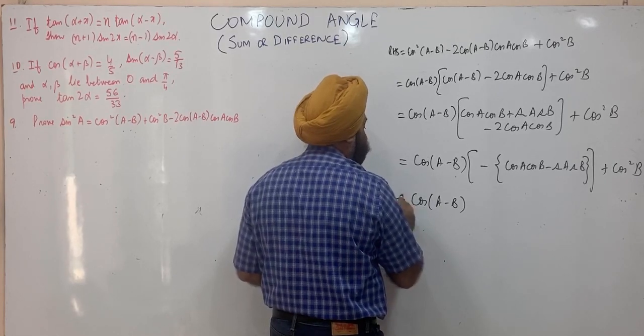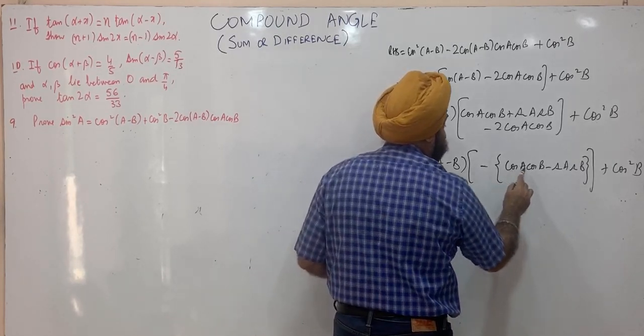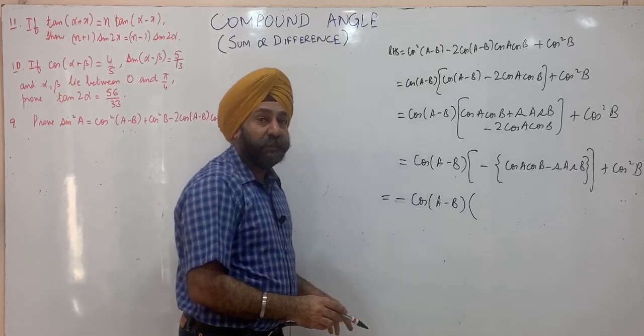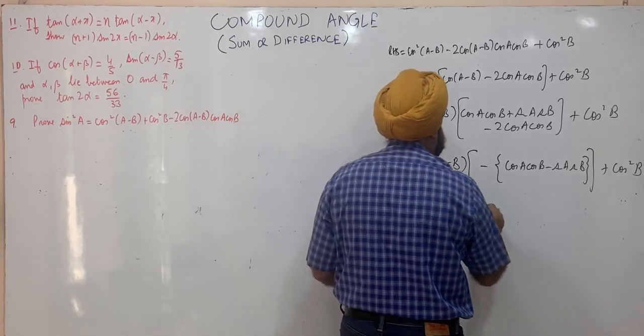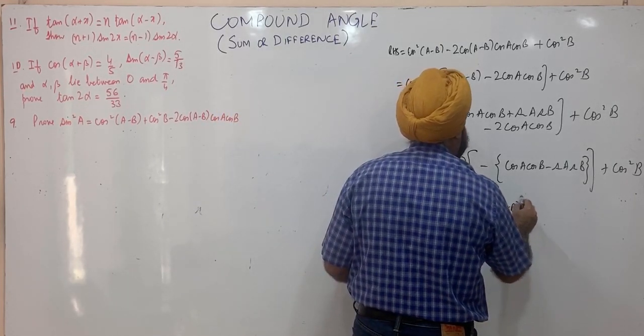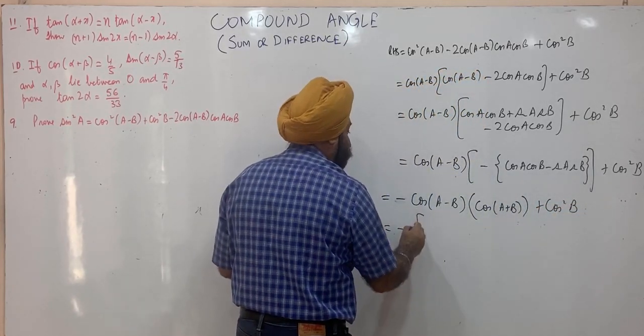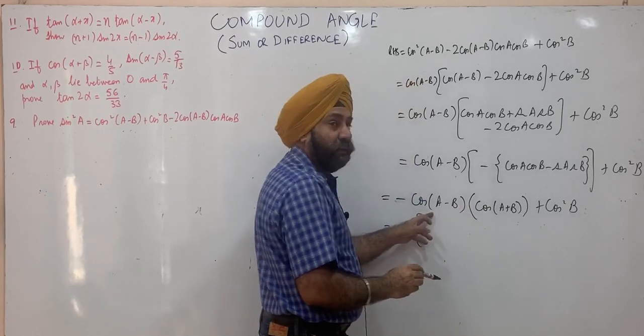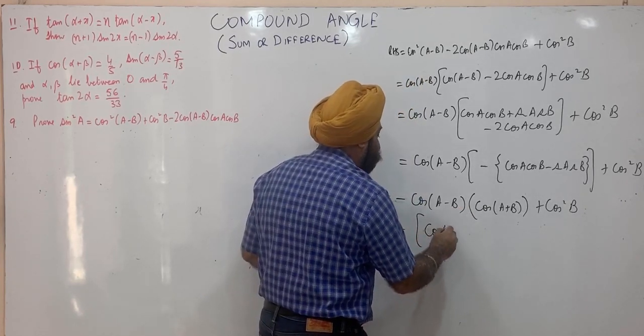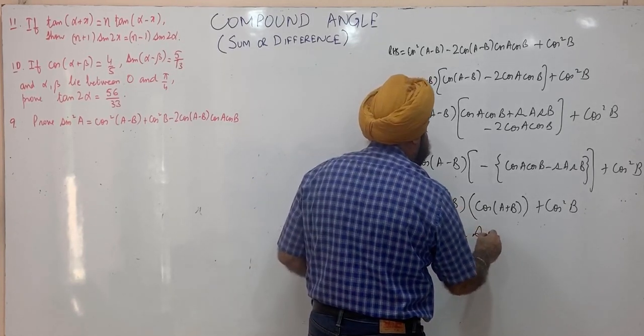Let's write this minus sign outside. So minus cos of (a minus b), and cos a cos b minus sin a sin b is cos of (a plus b), plus cos square b. This is minus sign outside. Cos (a plus b) into cos (a minus b) is cos square a minus sin square b.